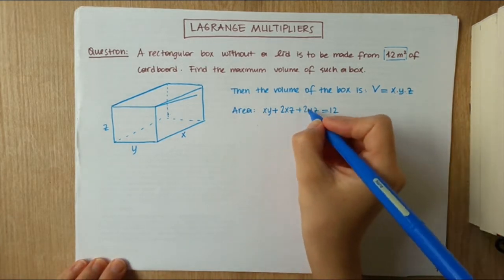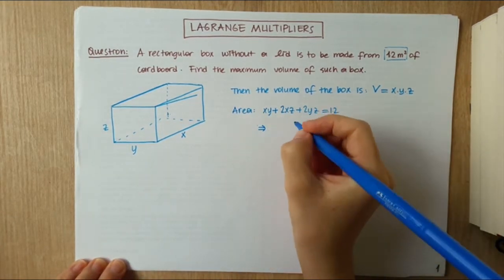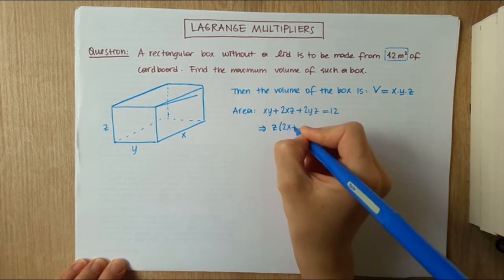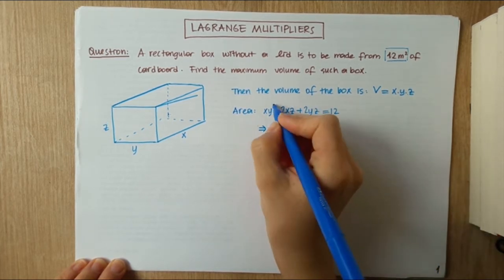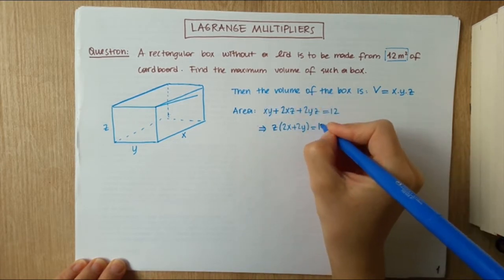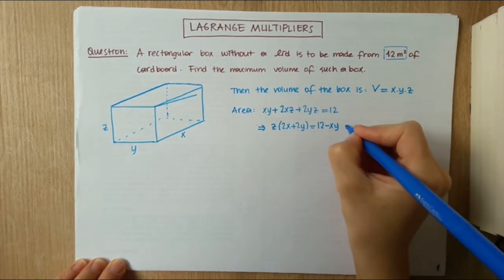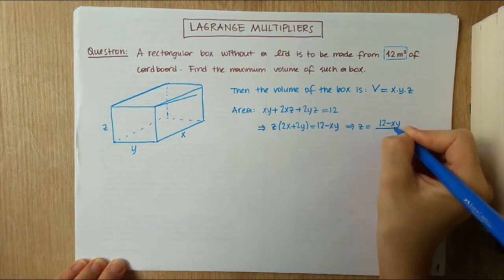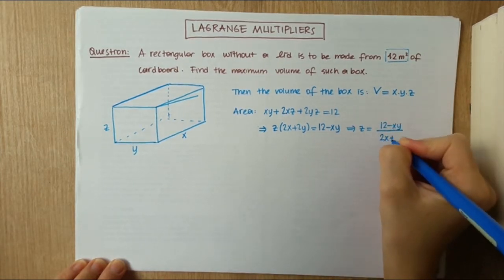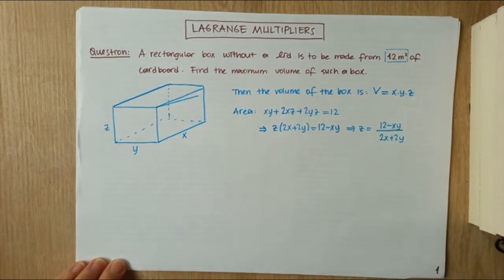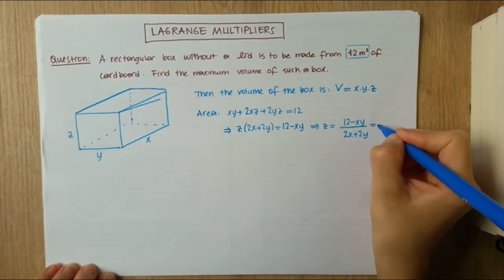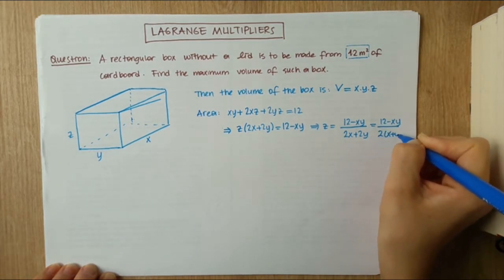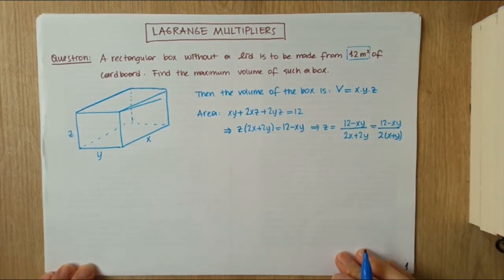Okay, so let's solve this equation for z. Here I have in the common parentheses of z, 2x plus 2y, and I will take the other term to this side, 12 minus xy. And at the end, z equals (12 minus xy) over (2x plus 2y). Or this can be rewritten as (12 minus xy) over 2 times (x plus y).